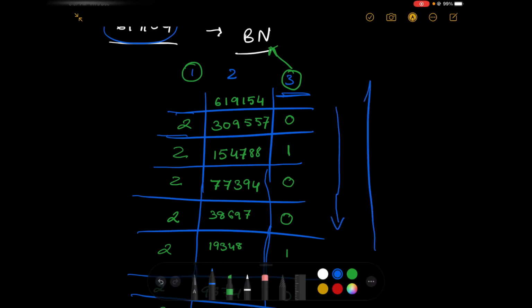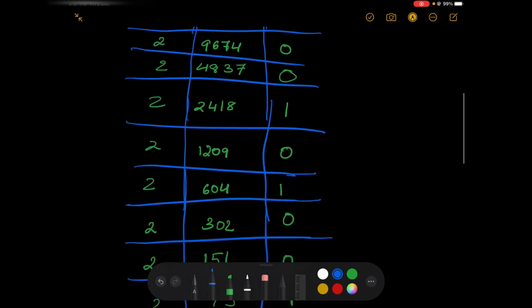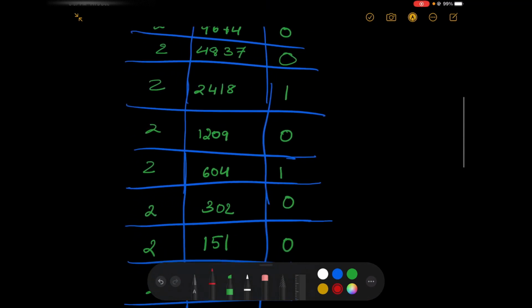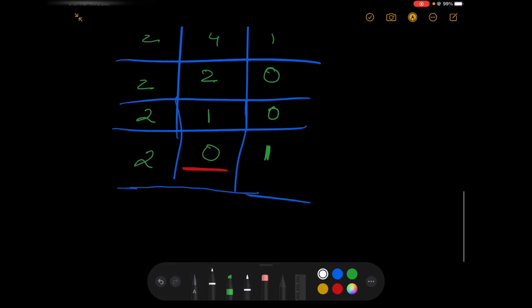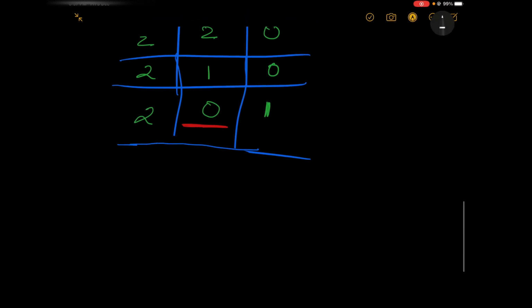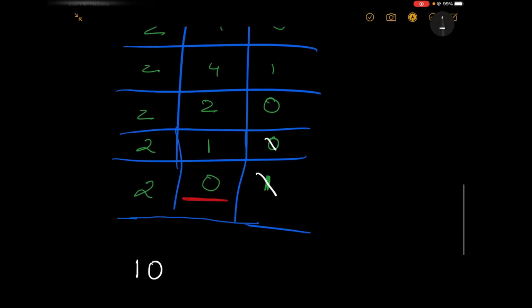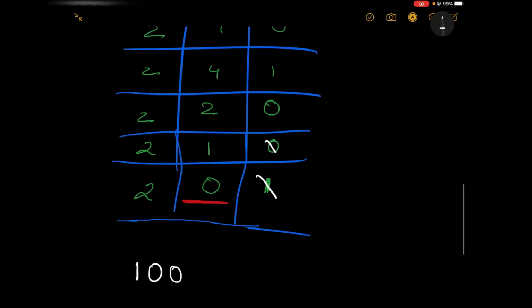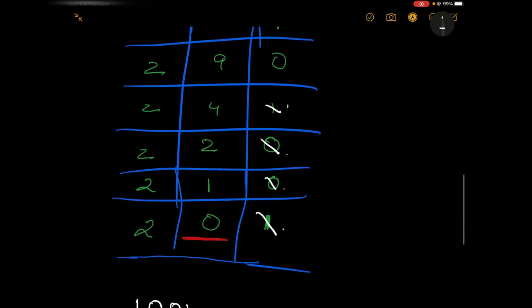We have to write from bottom to top, which means that we have to first write the last number in the third column, which is 1. Then 0, again 0, then 1. So it's 1 0 0 1. So here also we have 1 0 0 1.